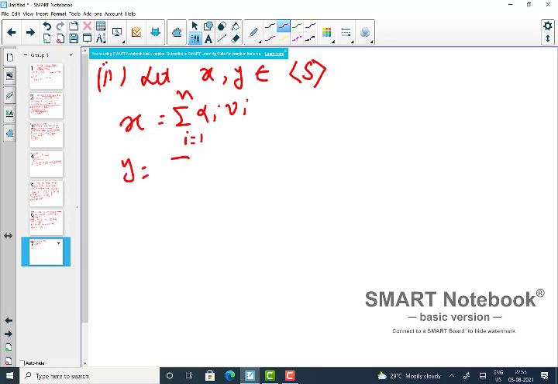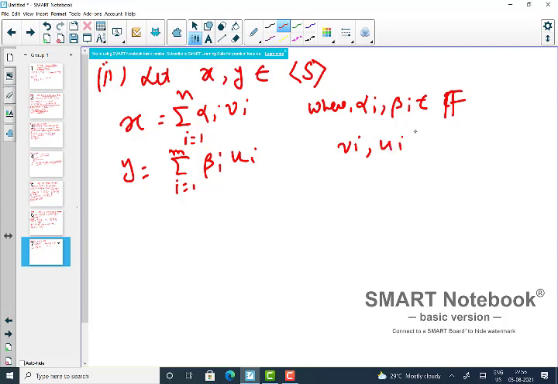And y equal to summation beta_i u_i, i equal to maybe 1 to m; n and m may be different. Here alpha_i's and beta_i's are constants, so these are elements of F, and v_i's and u_i's are actually elements of S, right? That's why x and y are elements of span S, right?